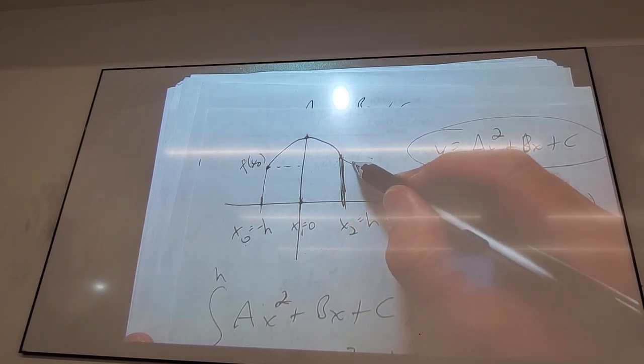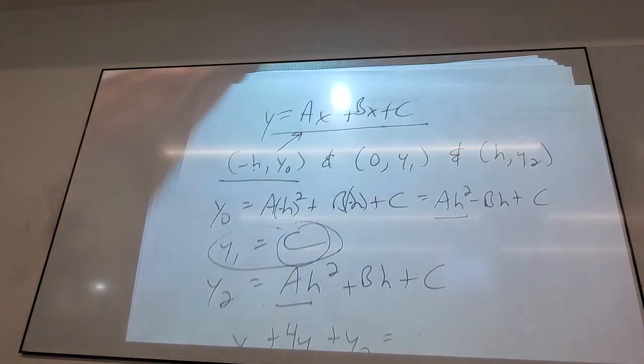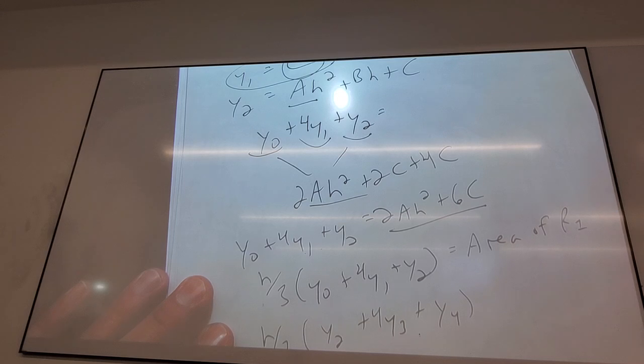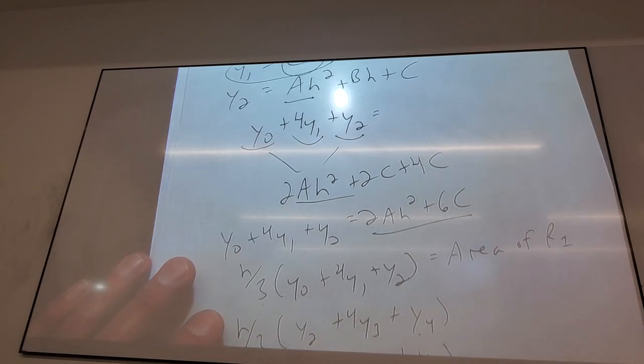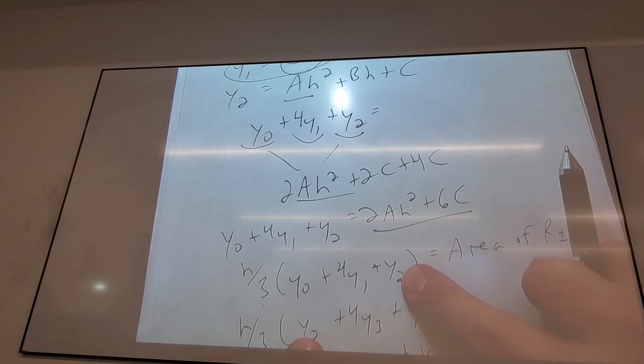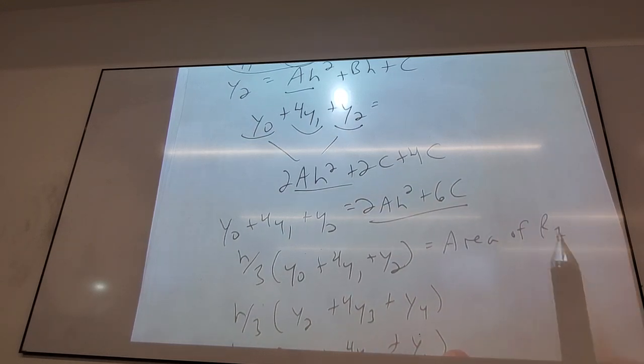Do you guys see that? And then I would do a parabola through whatever its points are. So if I add the next piece, you can start to see the pattern here. Start at y4 plus 4y5 plus y6. So you're going to get 4y1, and then you get 2y2s and 4y3s and 2y4s and 4y5s and 2y6s, yes?